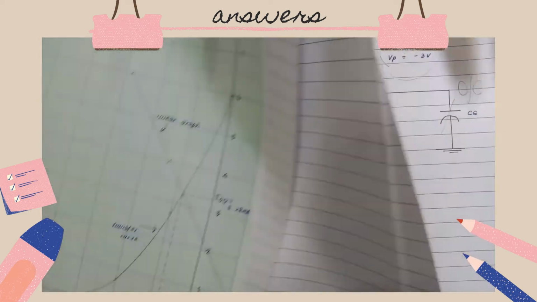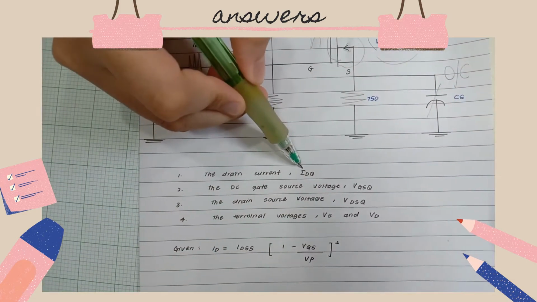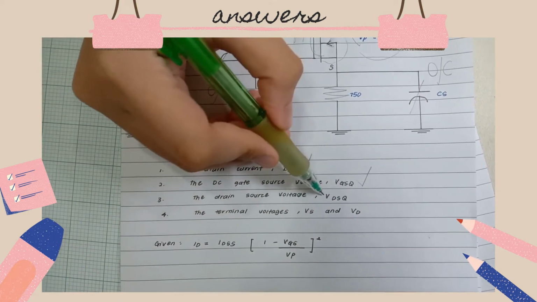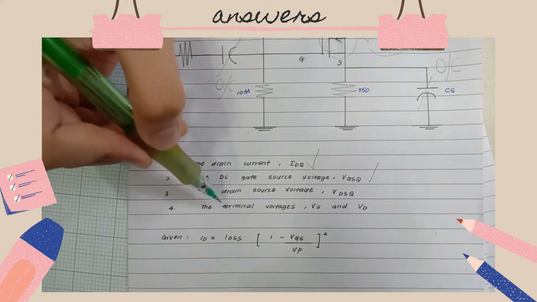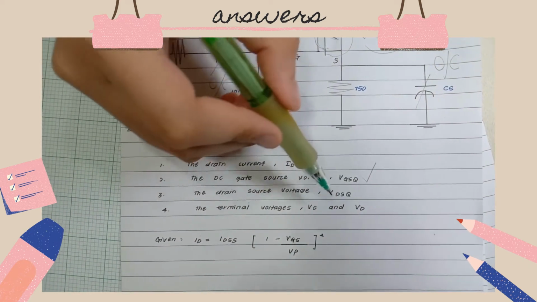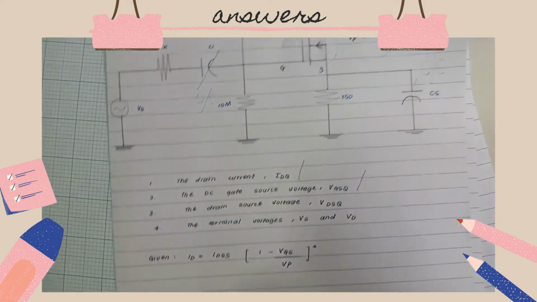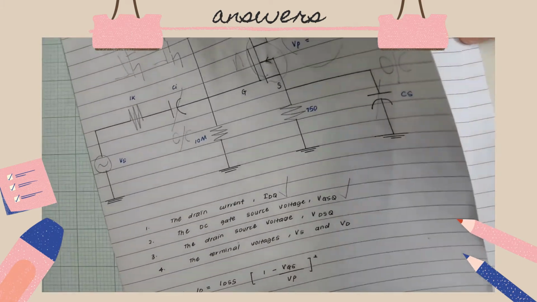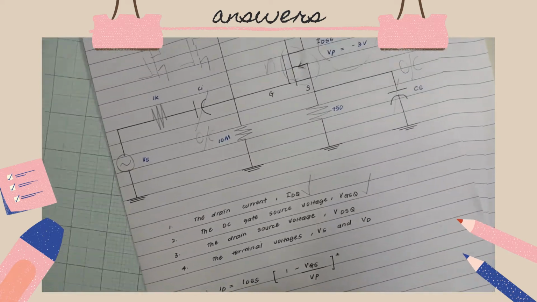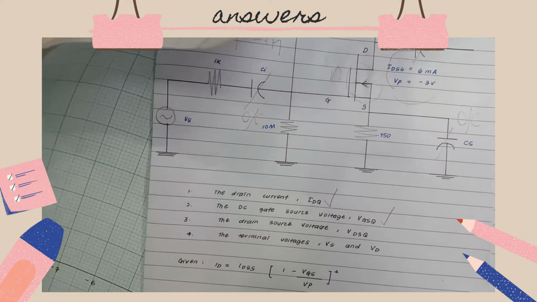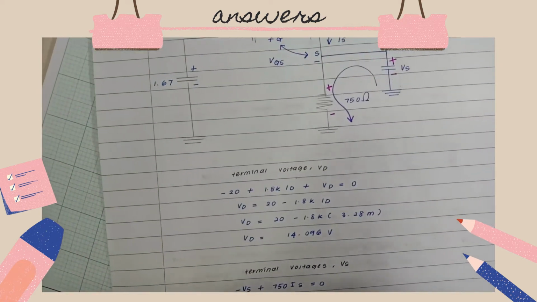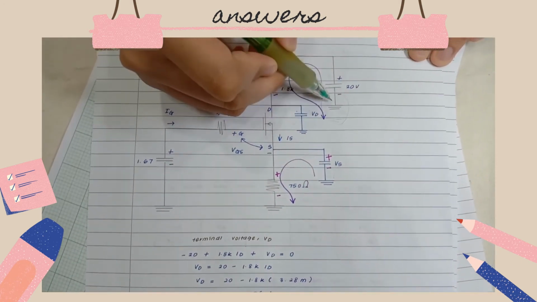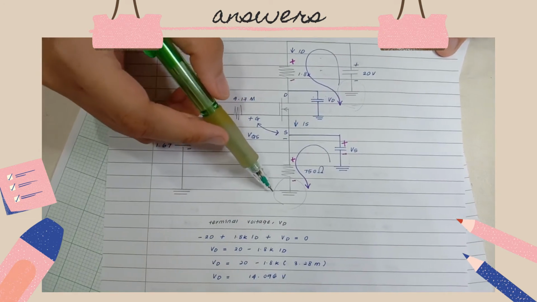The question before asked to find the value of IDQ and VGSQ. So we must find the value of VDSQ and the value of terminal voltage Vs and Vd. We can find the value of VDSQ by using KVL at the certain loop. From this circuit, we can find the value of VDSQ from this ground to this ground, but I make it simple.